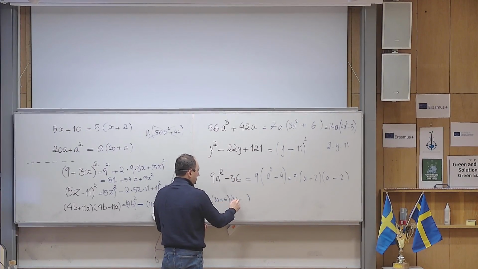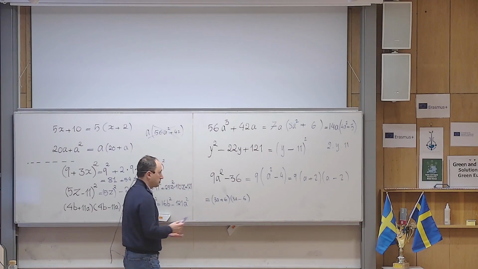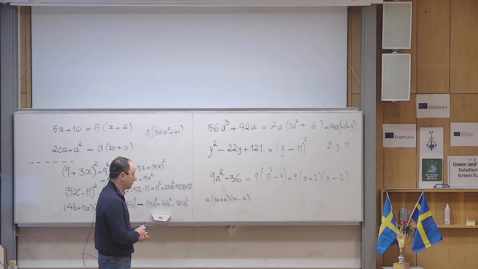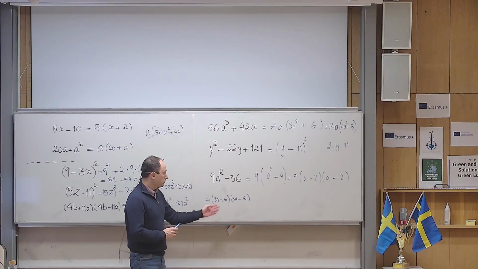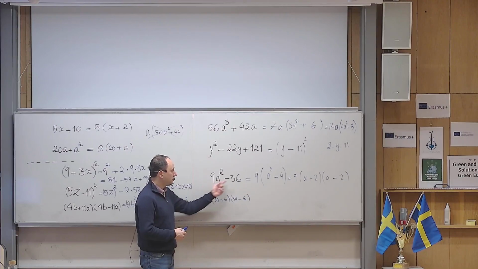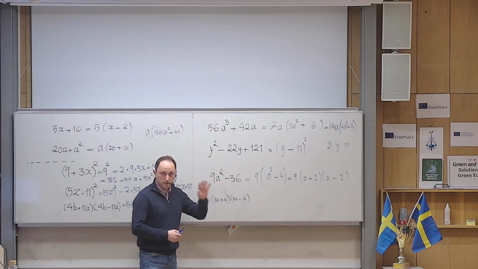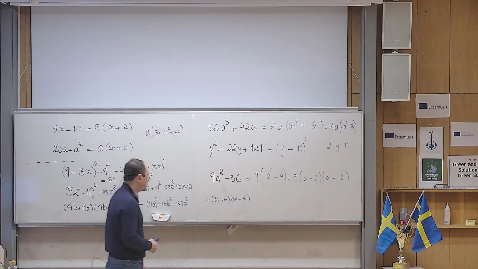You also write this. If I ask you, is this equal to this? 100% yes, because the conjugate rule is always true. But it doesn't mean this is a complete factorization. So if you do it here, it means that you understood the lesson, but they have intentionally designed the numbers in this way so that you fall into this trap. They want to test if you have a deeper understanding.